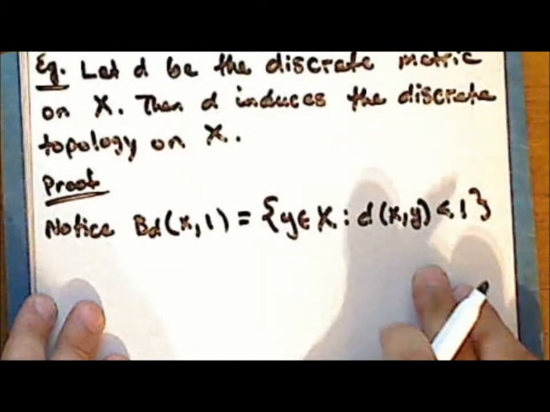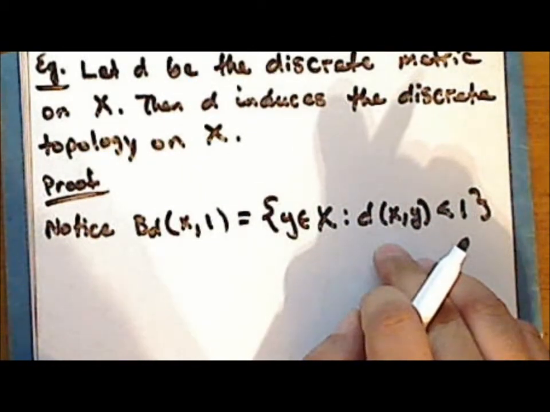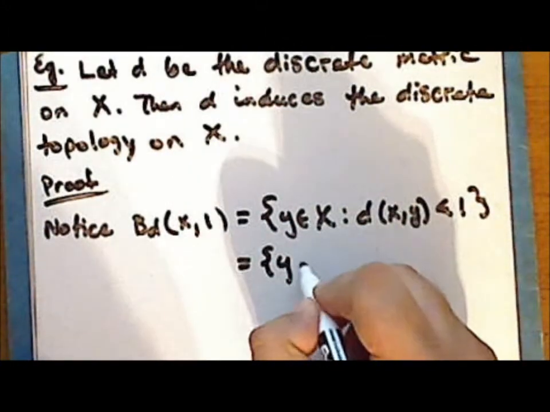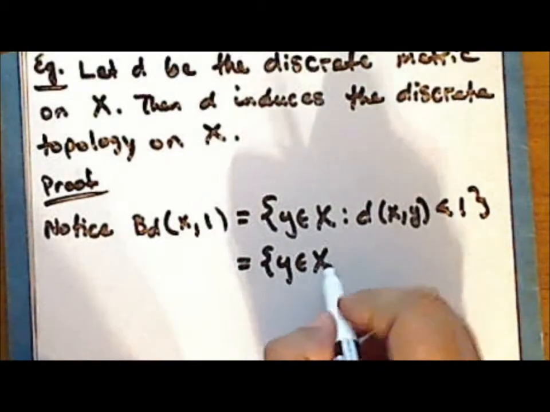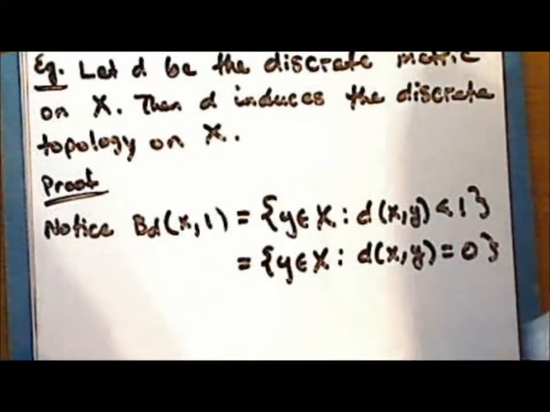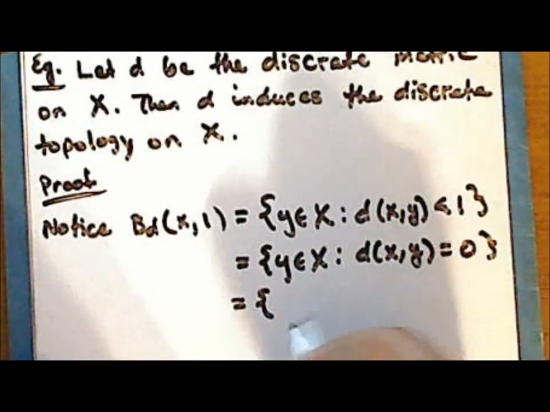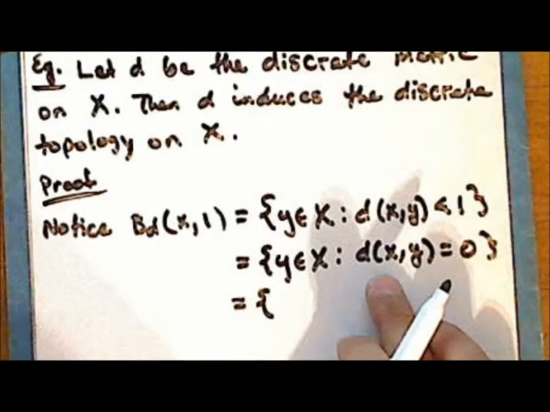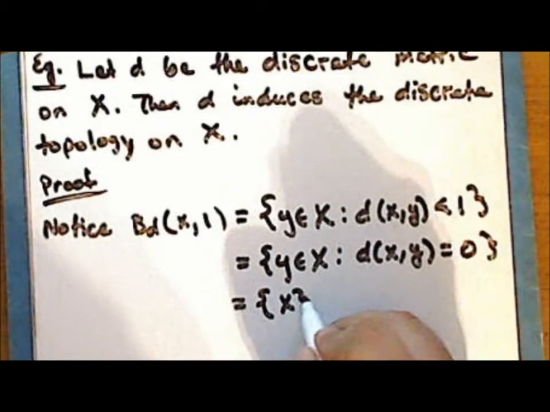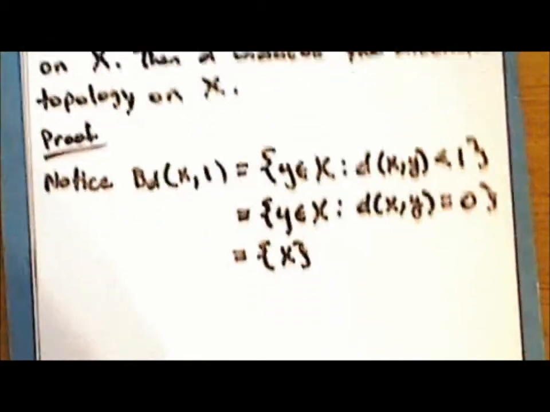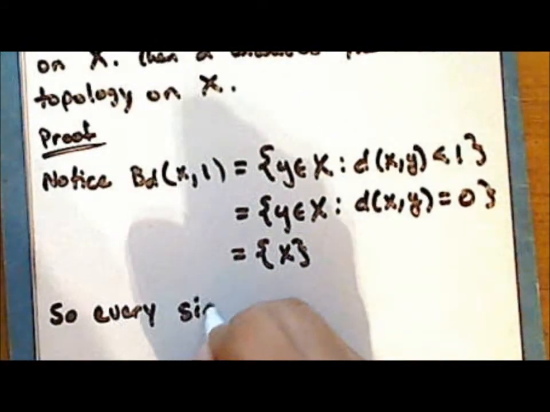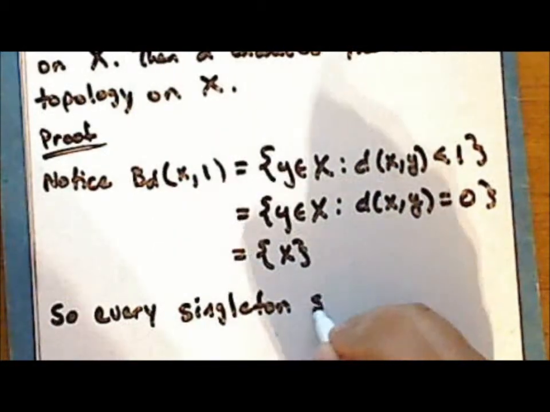Now in the discrete metric, the distance is either 1 or 0, and so if the distance is less than 1, this means that we're looking at the set of all elements Y in the set X such that the distance from X to Y is 0. And so this means that we are looking at those points that are exactly equal to X, and so we have the singleton set containing X. So every singleton set is open.